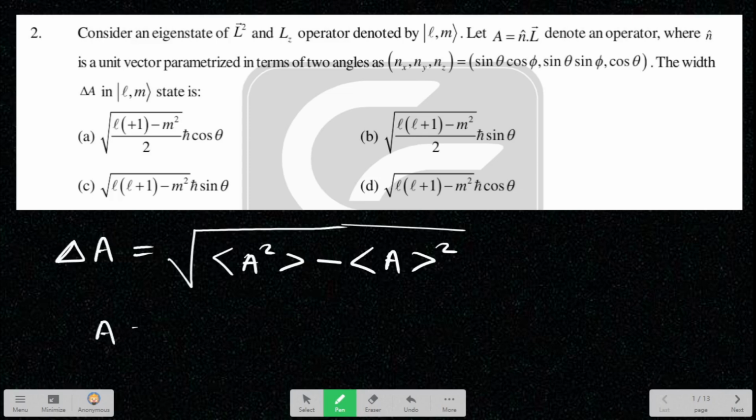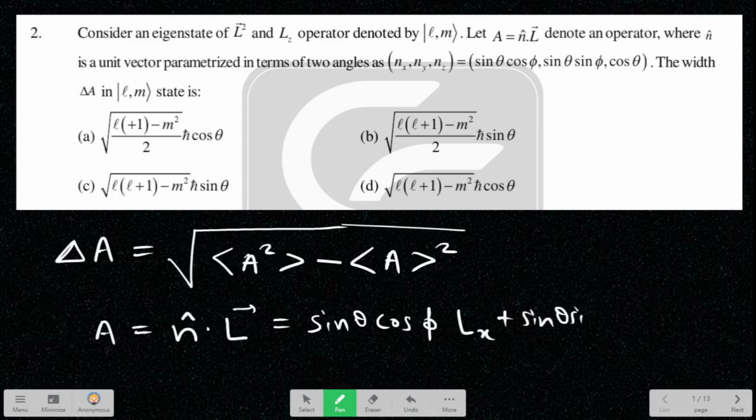We are given A is equal to n cap dot L. So this is equal to sin theta cos phi Lx plus sin theta sin phi Ly plus cos theta Lz.